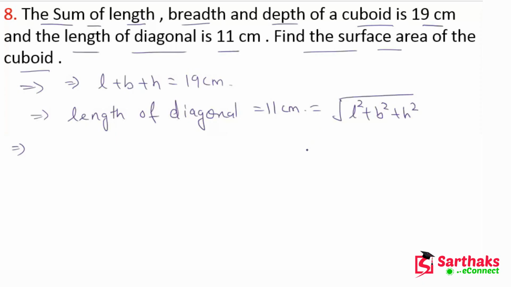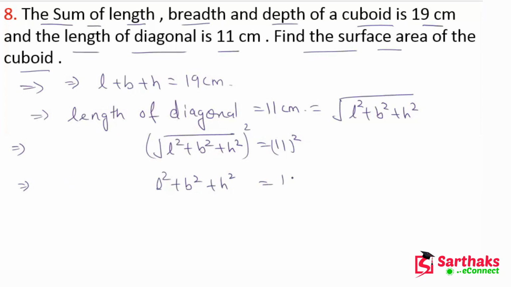So we have under root L square plus B square plus H square equal to 11. If we square both the sides, we get L square plus B square plus H square is 121. This is equation number 1.